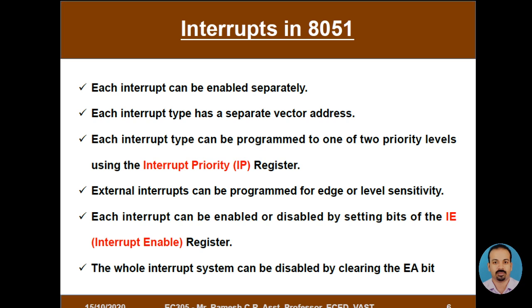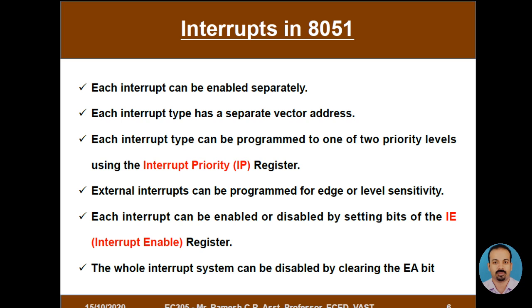That is, a transition from 1 to 0 can initiate an interrupt request, or we can configure it such that a logic 0 level or a logic 1 level on this particular pin evokes an interrupt request from the external source. So that can be configured by the programmer.